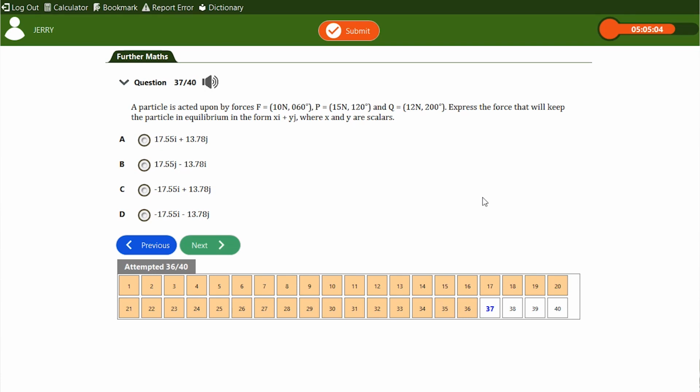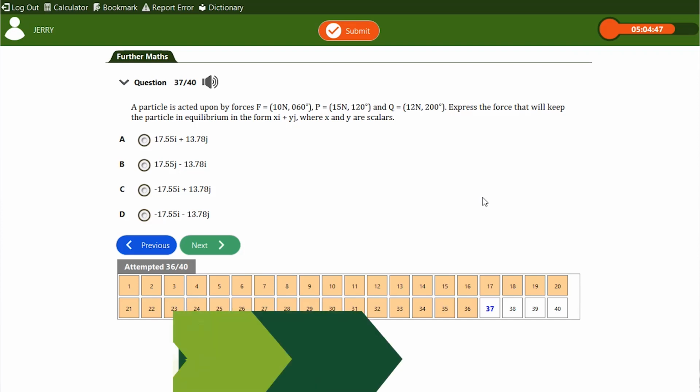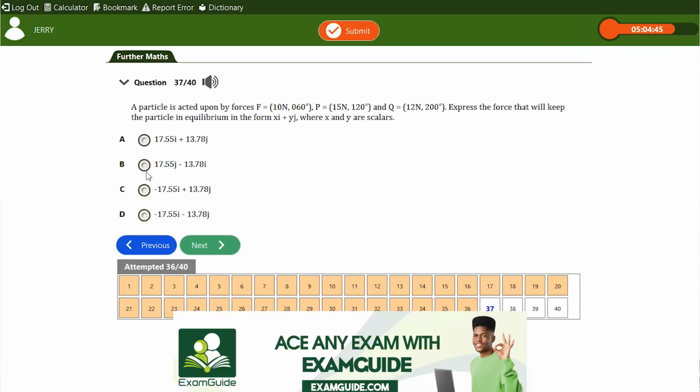So 17 point, minus 13.7i, okay, and plus 17.5j, option B.